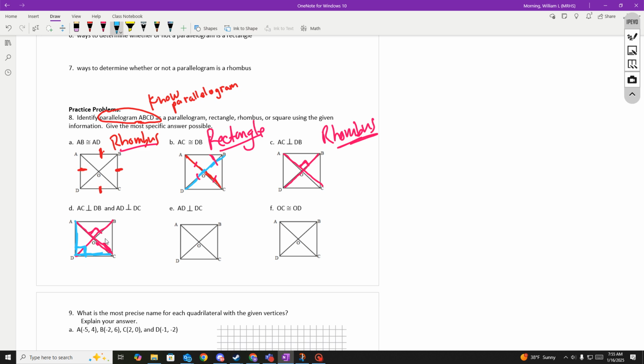So this is a rhombus and a rectangle, which is a square. Rhombus and rectangle make a square. What do we have here? We have AD and DC perpendicular. That's just one side. One angle is 90 degrees, which means they're all 90 degrees. That's a rectangle, and that's all we know about that.